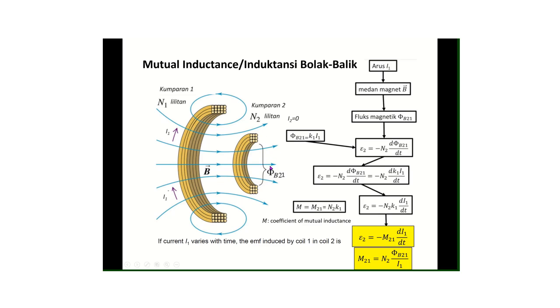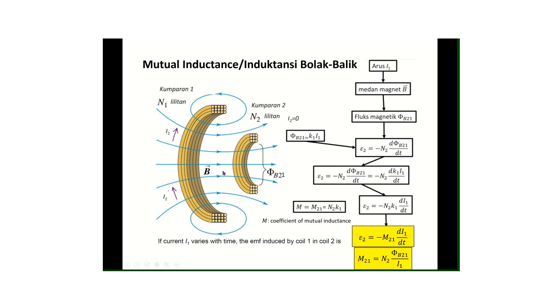Then what do we need to obtain a change of the magnetic field? I1 must change by time, so I1 must be a function of time. If I1 changes by time, we obtain a change of the magnetic field every second.